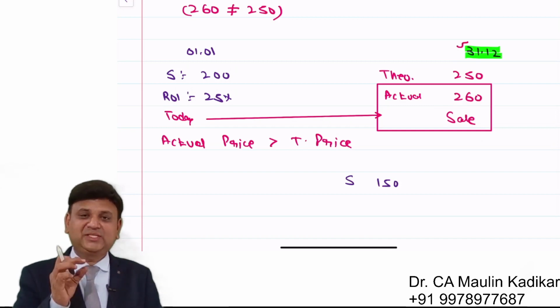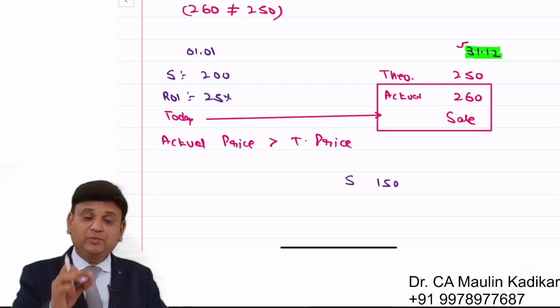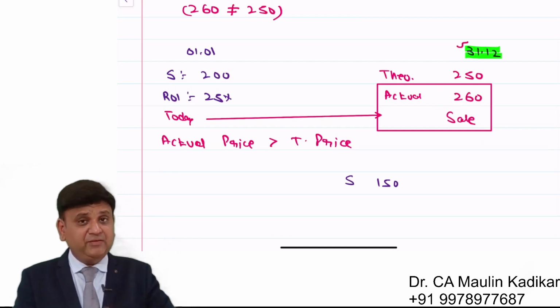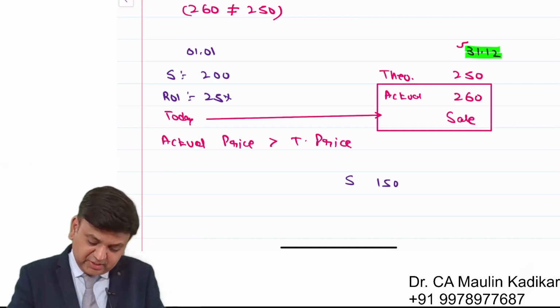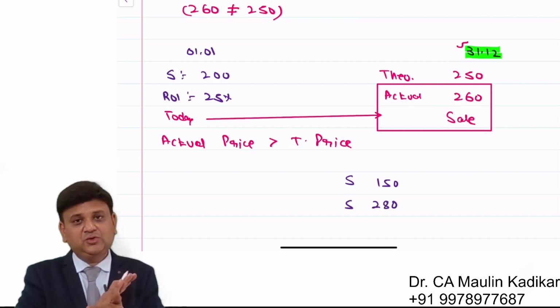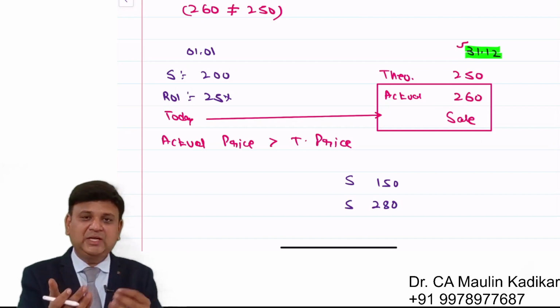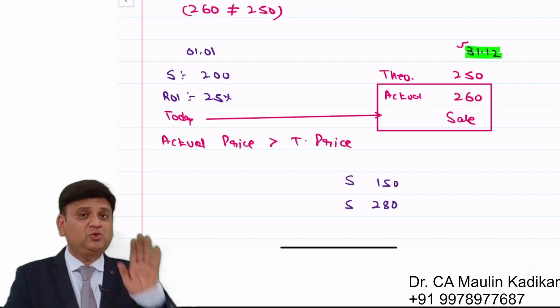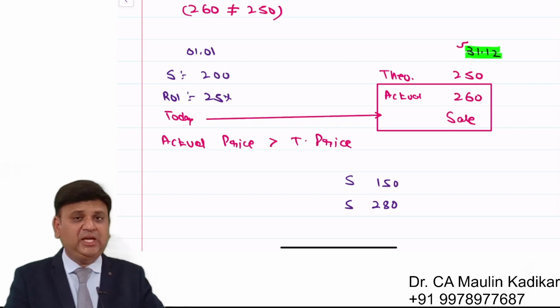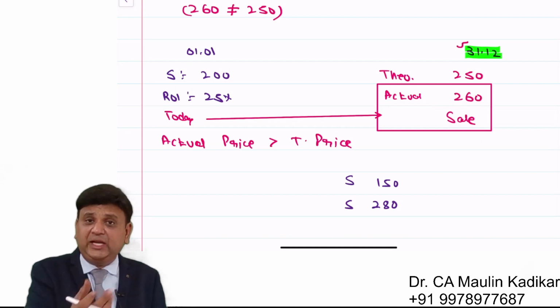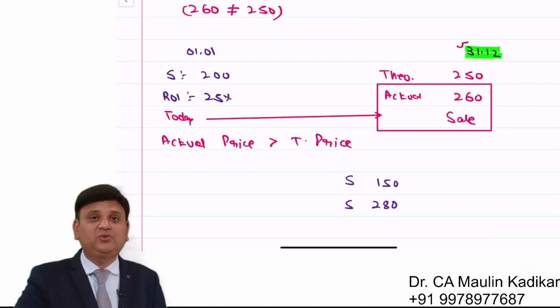You have to purchase the security at 150 to be sold at 260 and you will make a gain. However, if at all at the end of the year, spot price of the security is 280, then in that case you are finished. Instead of profit, you will incur a loss. Why? Because you are having a transaction to sell security at 260 which you have to buy from the spot market at the rate of 280, and that will result into a loss.